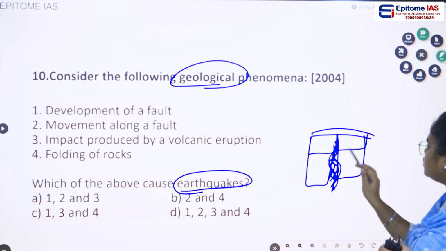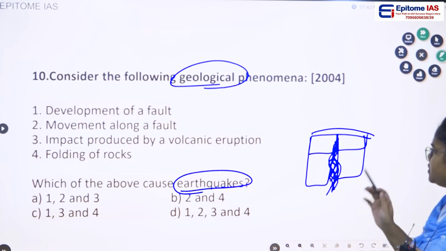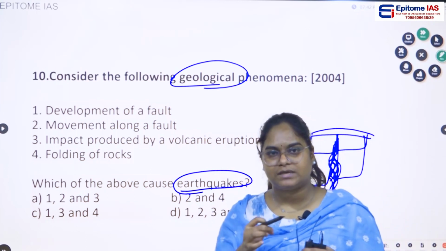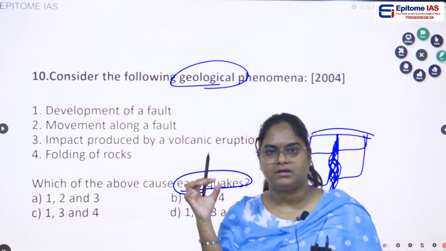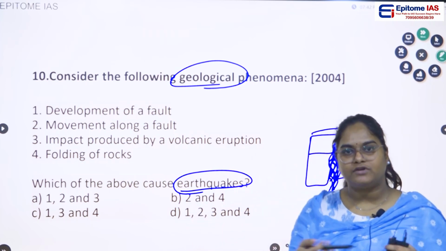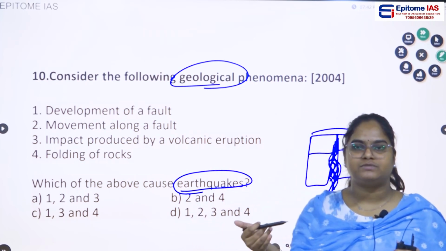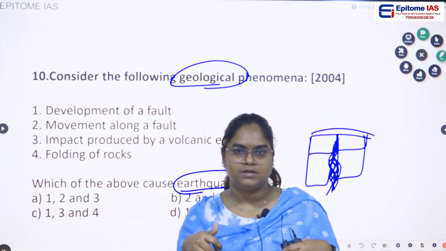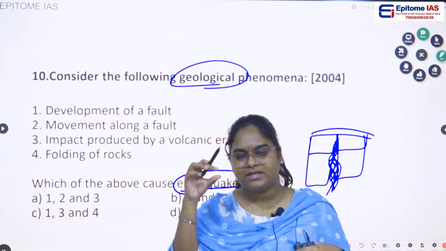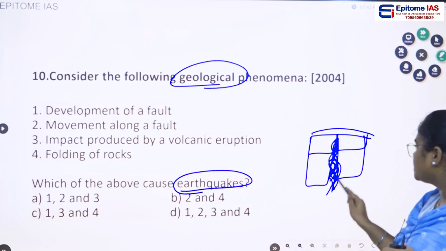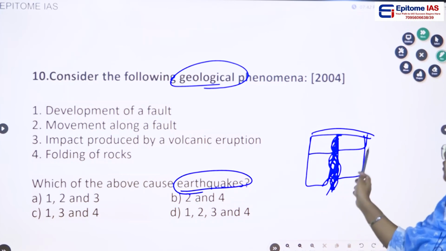Let's say these are the 2 plates, and there is a fracture between them. There are some areas where the crust is very thin, and due to other activities, there is internal movement of magma. The plate itself is moving. So there are many activities happening inside the Earth. Because of this, where the crust is very thin, it is prone to breakage and formation of a fault.